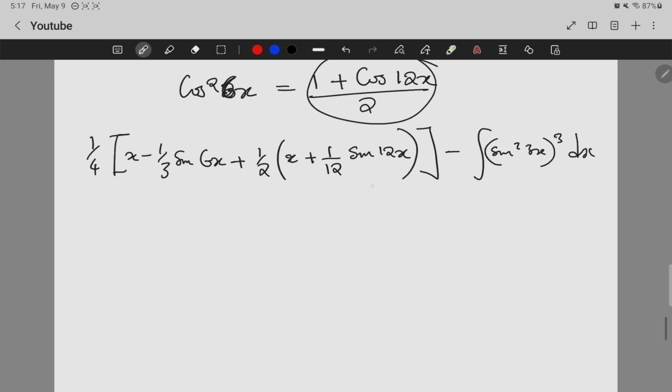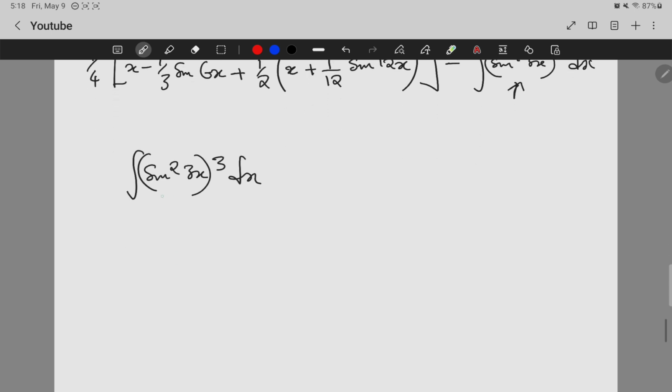So this completes the first part. Now if you are going to integrate this one, how would you do it? Of course, I won't do the whole thing, so let me just get that one. That one is just the integral of sine squared 3x, to the power 3 dx. The first step would obviously be to split this up, so that you use that identity again, 1 minus cos, basically similar to what we had earlier.